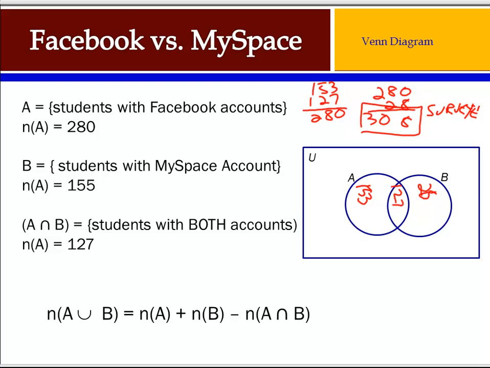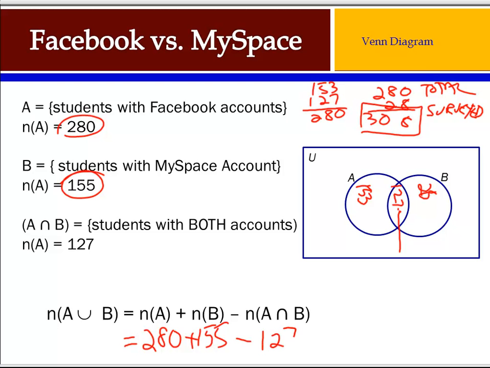That's the total. Now, it's not just 280 and 155, because that contains this overlap of 127 in the middle. And you're counting those twice, actually. So our formula for the cardinal number will say, take the cardinal number of set A, or the number of elements in set A, add that to the cardinal number or the number of elements in set B, but subtract out the overlap of 127.